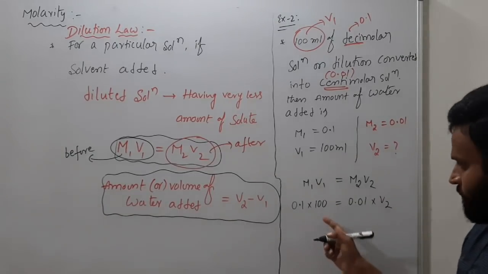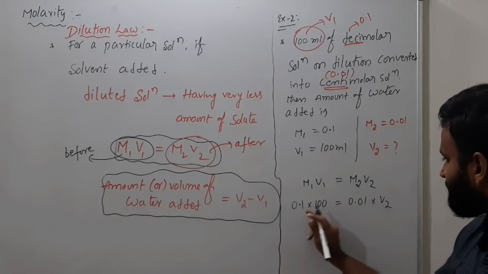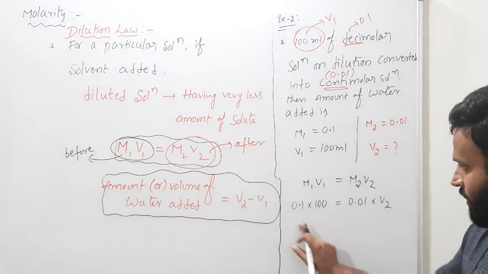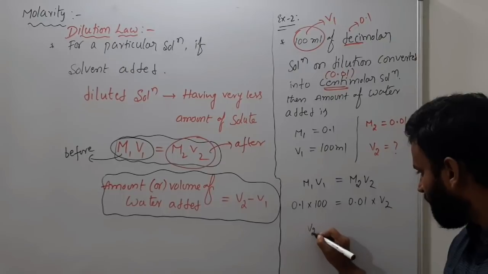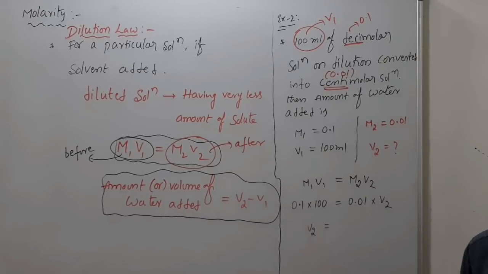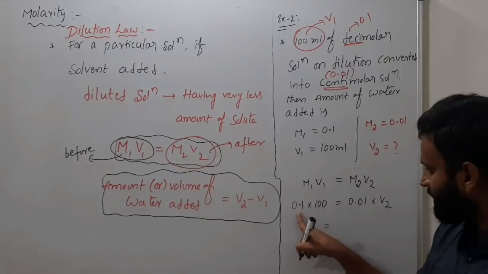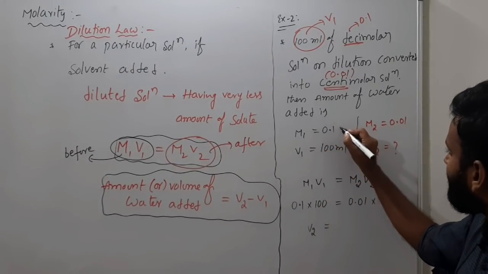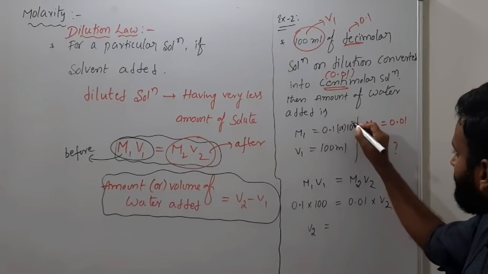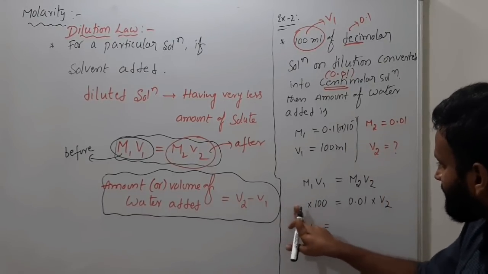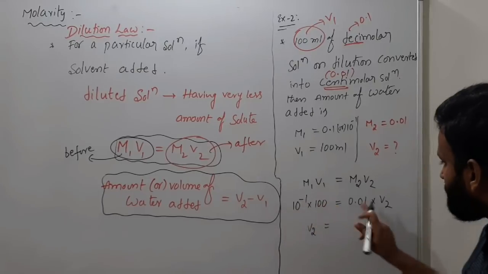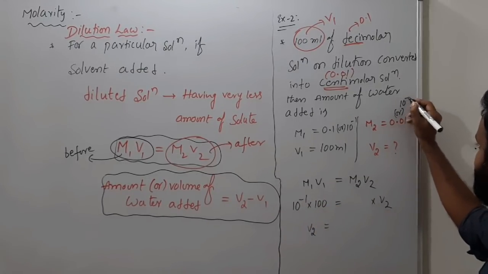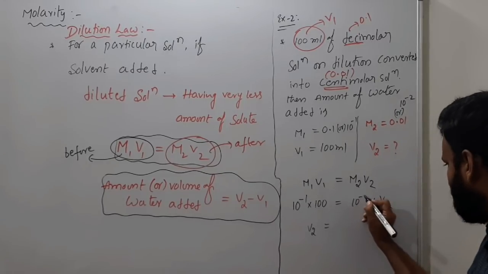Got it? So here what you have? It's 10 power minus 1, and it's 10 power minus 2. So total V2 will be how much? Following everyone? I can write 0.1 as 10 power minus 1, and 0.01 is nothing but 10 power minus 2.